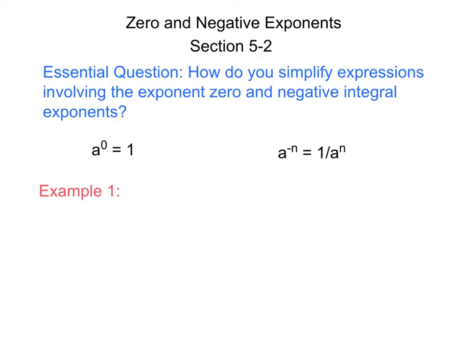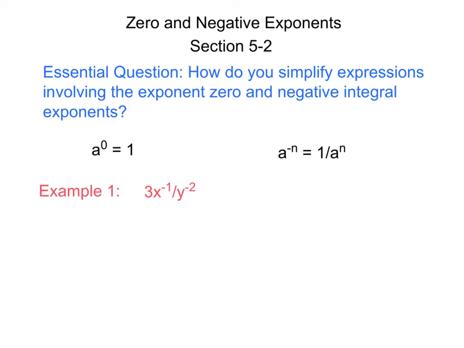So let's look at some examples where we might use what we know about zero and negative exponents to simplify some expressions. So let's say we've got 3x to the minus 1 over y to the minus 2. I want to simplify this so that there will be no negative exponents. Well, if you look, we've got x to the minus 1 in the numerator.